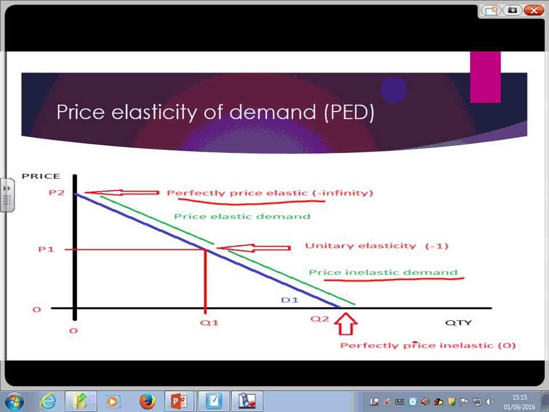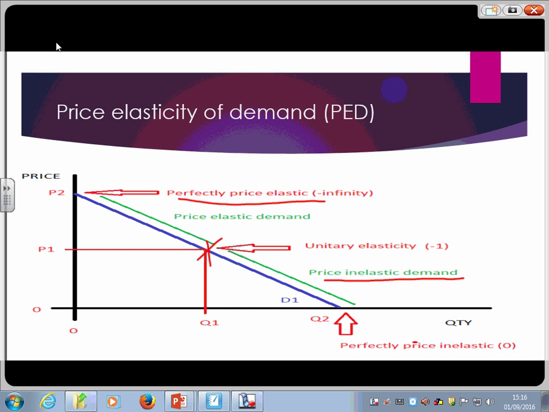So this time, if there was a 10% increase in price, demand would fall by more than 10%. In other words, the change in the price will be less than the change in demand. If we're in the middle, unitary, all that basically means is a 10% increase in price, demand will fall by 10%. They change in proportion to each other.